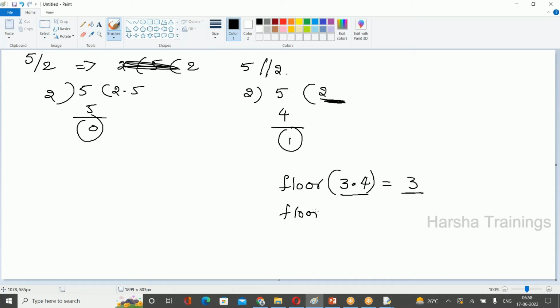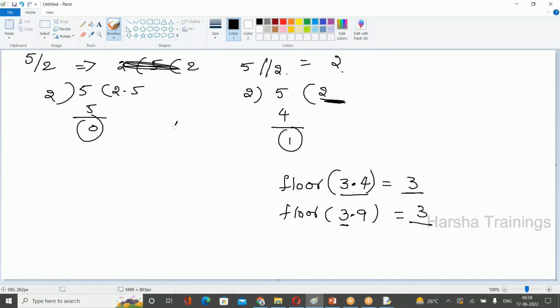Suppose the floor of 3.9, in this case also the answer is 3. The integer part only is returned. So 5 double slash 2, 2 twos are 4, this is the one. So the answer is the quotient 2.